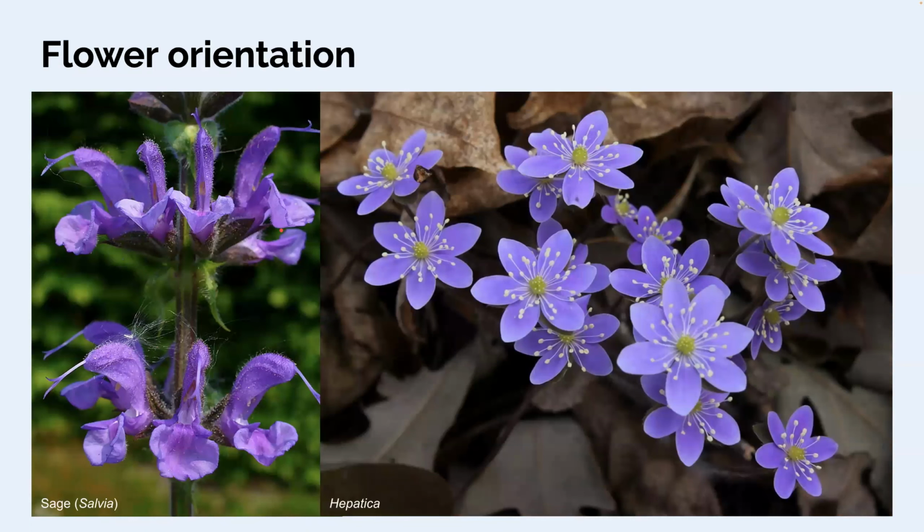Flower orientation, this is a big part of pollination syndrome because there are different animals that access flowers in different ways. So bees, for example, pretty commonly will approach flowers that are bilaterally symmetrical, that they fly in from the side, and kind of have to investigate.